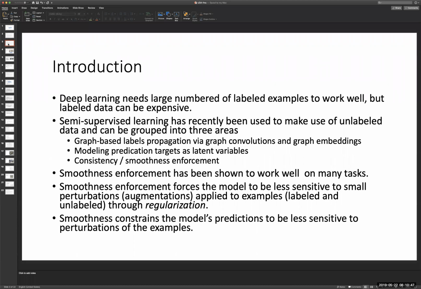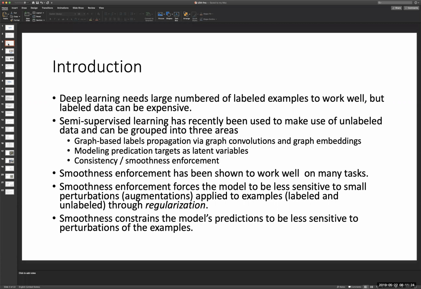So a little bit more detail to introduce the system. As I mentioned before, deep learning needs a large number of labeled examples to work well, but labeled data can be expensive. So in the past, semi-supervised learning has been used to make use of the unlabeled data and can be grouped into 3 areas of research.